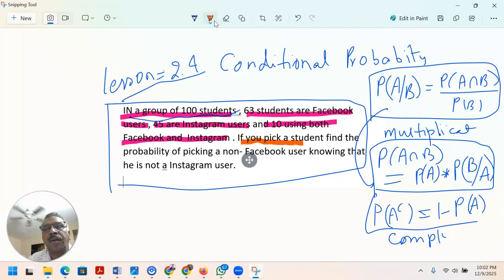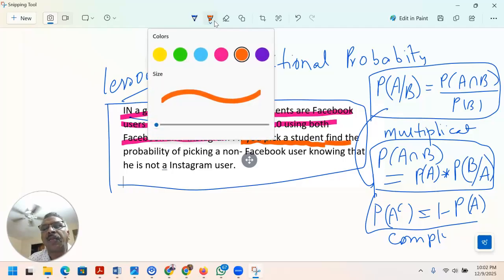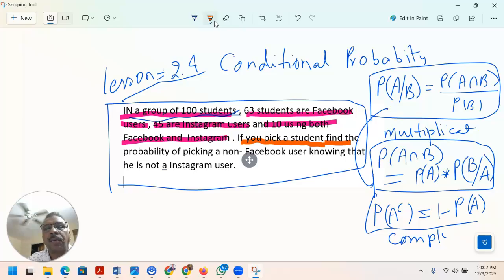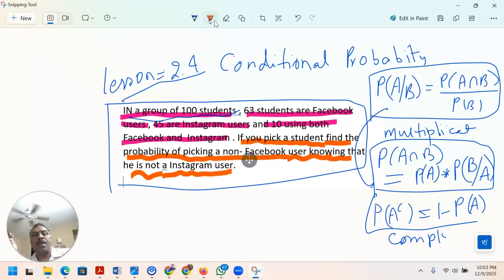If you pick a student from these 100 students, you're supposed to figure out the probability of picking a non-Facebook user, knowing that he is not an Instagram user. I want you to read this question, and then I will show how to figure out the answer.